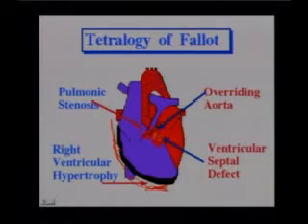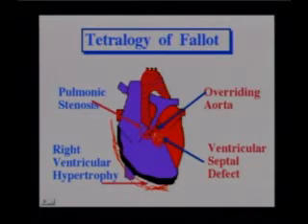So every time the ventricles beat, blood from both the left and the right ventricles goes out through the aorta. Now, when the right ventricular blood goes out through the aorta, this blood has never been to the lungs. So you can see the blue dots in the aorta representing unoxygenated blood coming from the right ventricle through that ventricular septal defect in the overriding aorta.